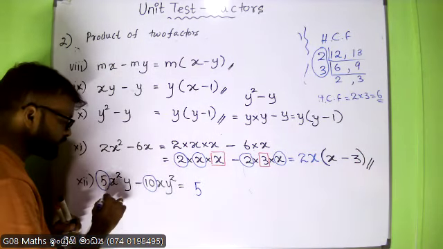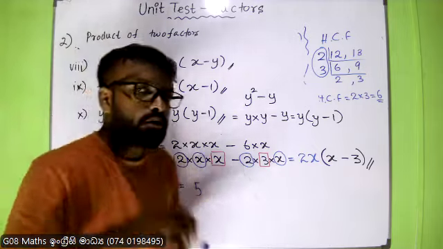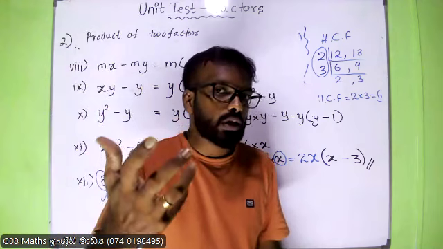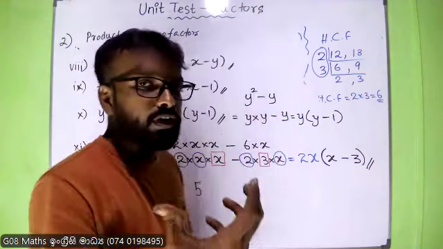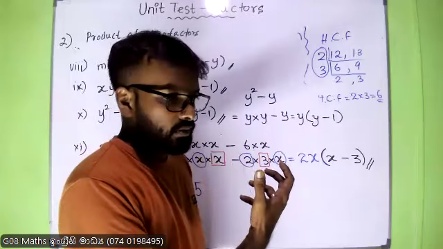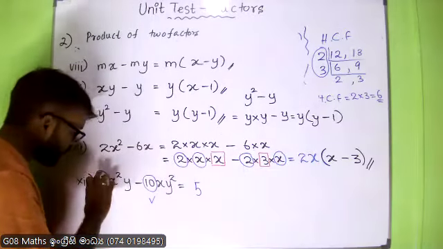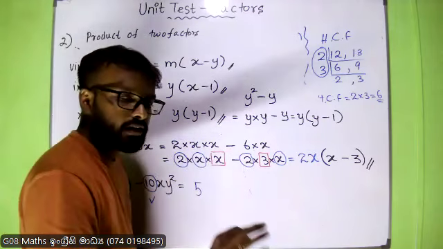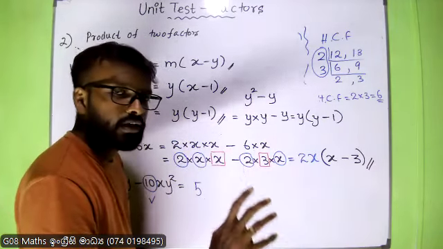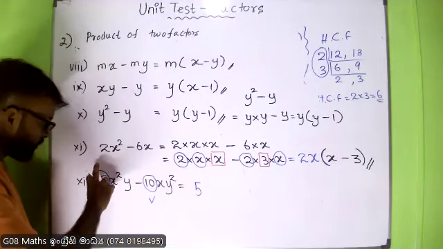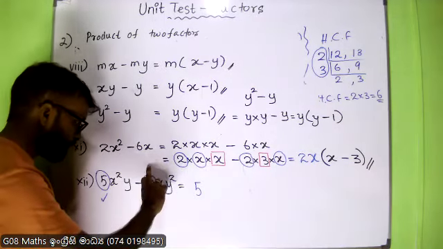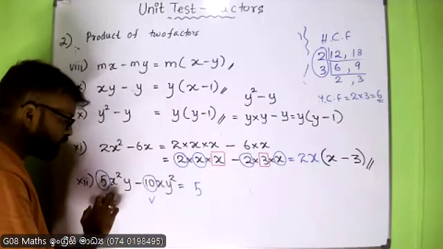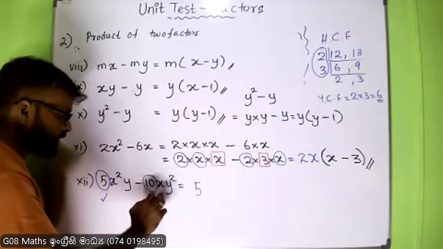Now the numerical terms are okay. Now you are using your mind to think logically. Step by step you can go. 5 is a common term for both of these numerical values. Now x squared and y, xy.